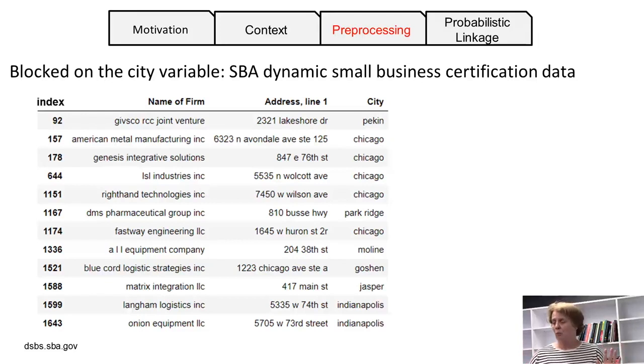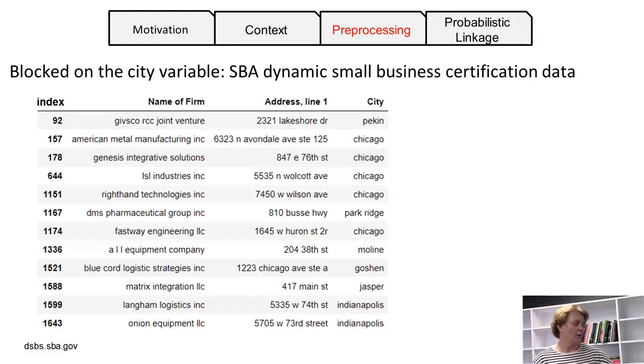In order to do that, we'd want to match the files on a business by business level, the Small Business Administration file with the SAM government contractor file. So let's walk through that example. Obviously we're just going to take a small case here, but we're going to walk through how that works.